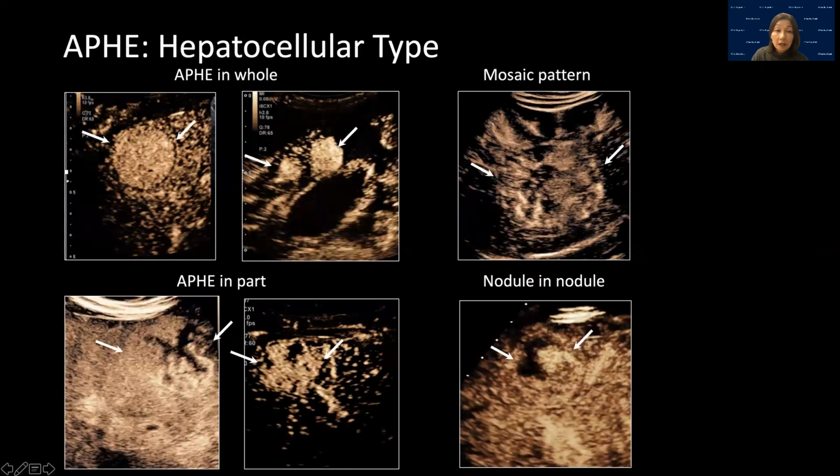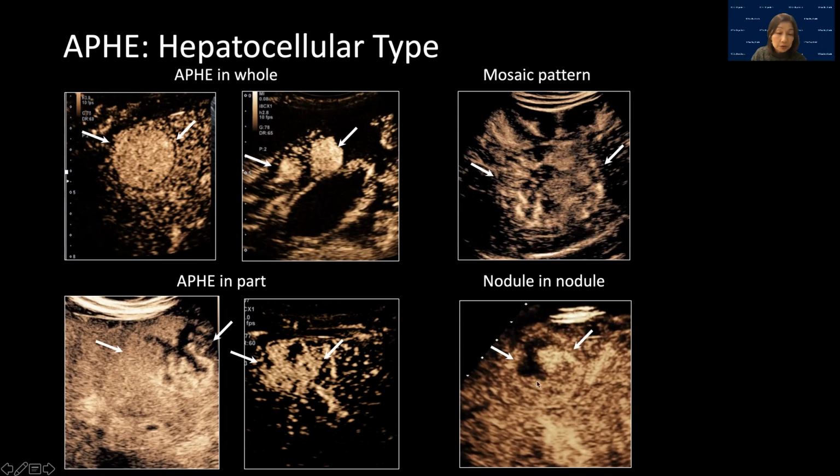Other AFIs, hepatocellular type, like these, are AFI in whole, where the entire nodule is enhanced nicely and homogeneously, or AFI in part. It can be a little heterogeneous, especially when it's a little bigger. Mosaic pattern is a typical HCC enhancement pattern, especially seen in the larger HCCs.